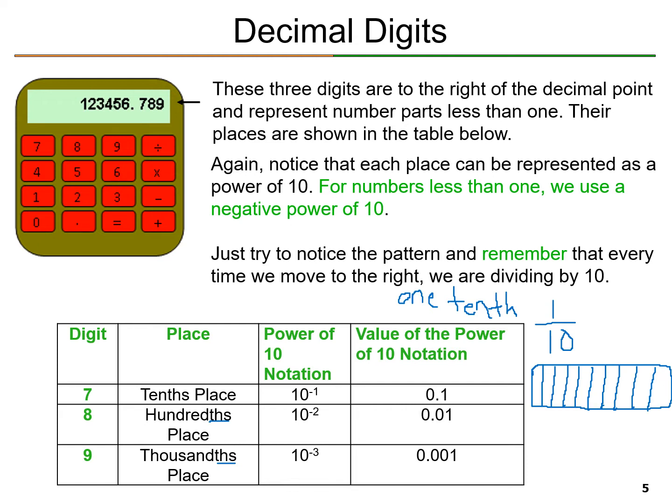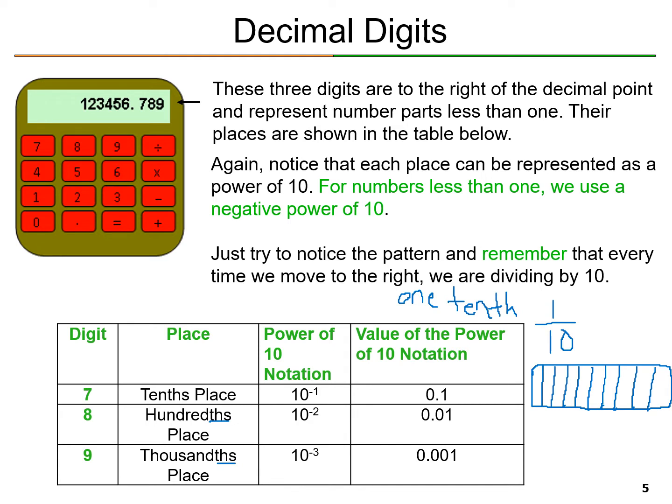Now they're supposed to all be the same size, but I haven't done that. But imagine that they are the same size. Now I've got just one whole rectangle, but I've divided it up into 10 parts.